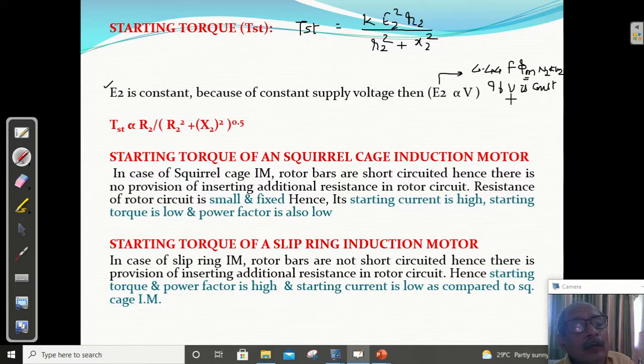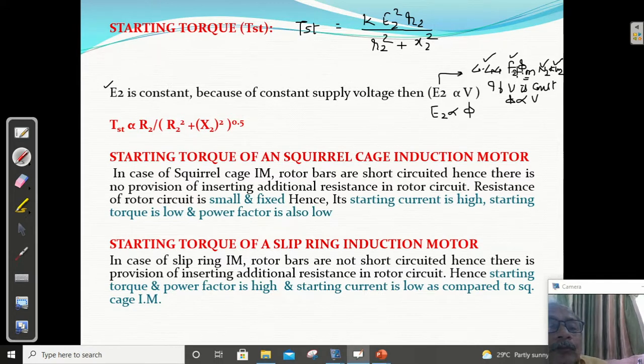flux is proportional to V always. Here Kw is constant, N2 is constant, frequency is constant, 4.44 is constant at start. So we can say E2 is proportional to flux, because at start F2 equals F1.